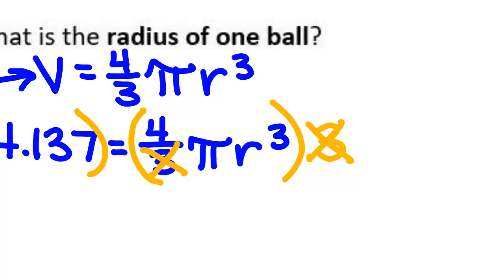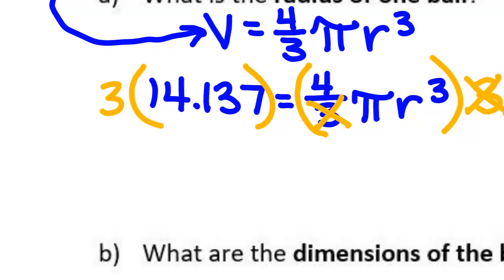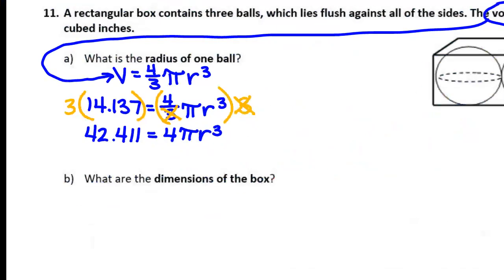All right, so then we have to do 3 times 14.137, which gives us what? 42.411 equals 4 pi r cubed.